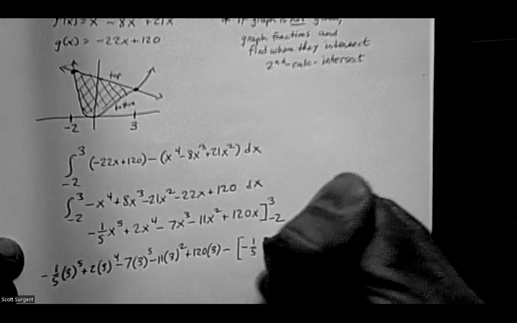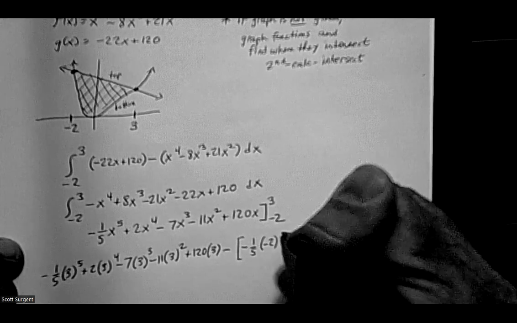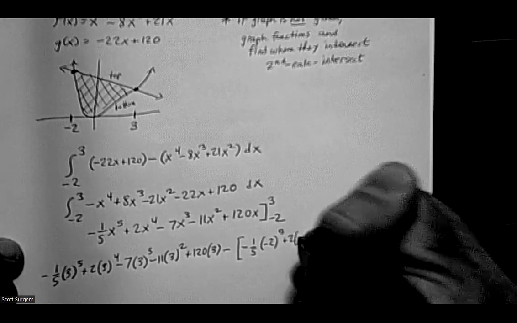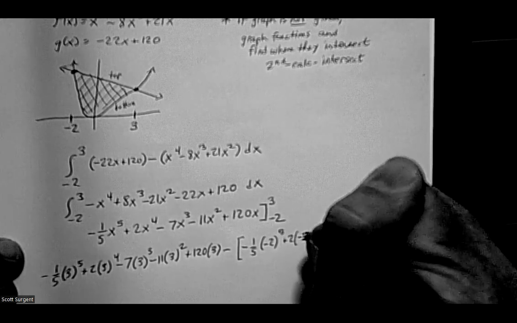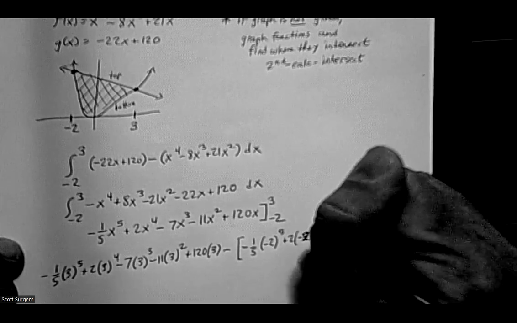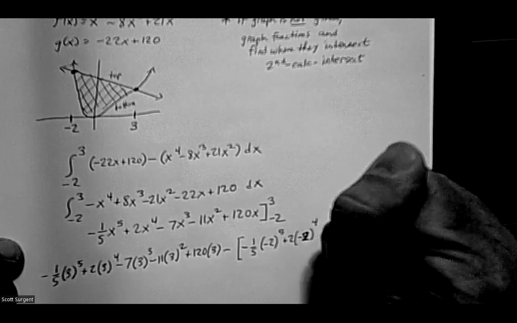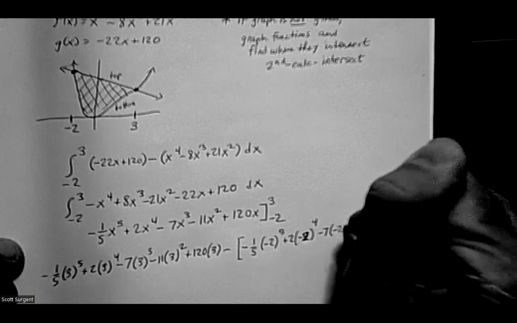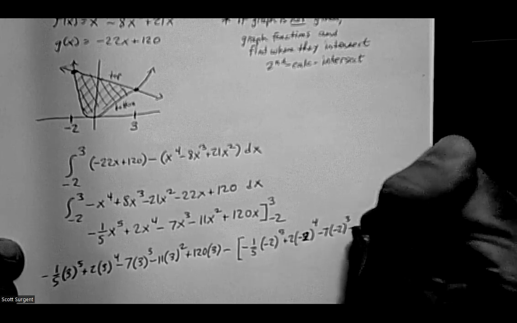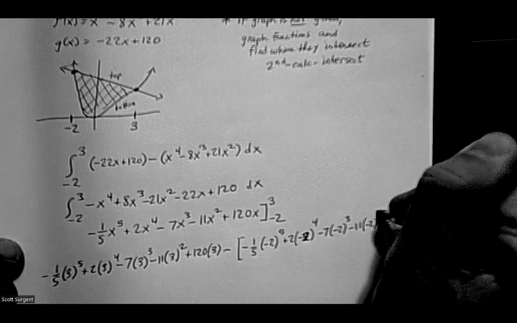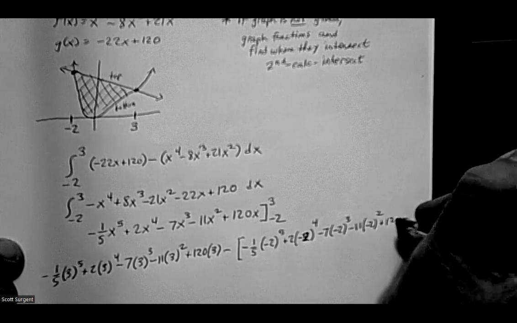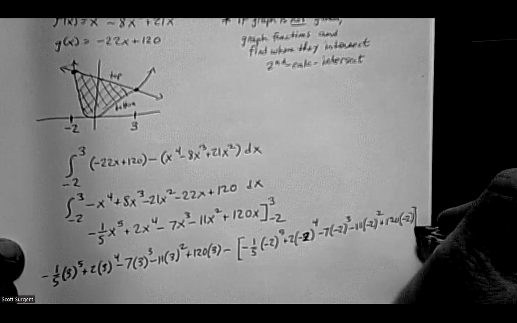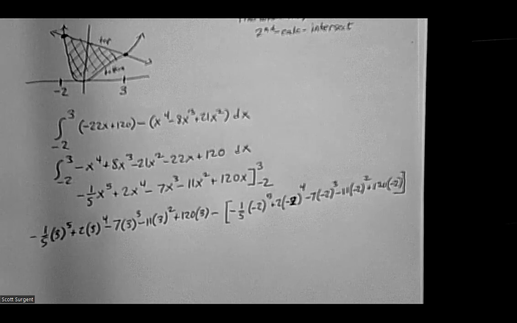So got a lot of negatives to keep track of. Negative 2 to the 4, take away 7, negative 2 to the 3rd, take away 11, negative 2 squared, plus 120, negative 2. And then you just work that out. It's not difficult, it's just tedious. I'll do it real quick.